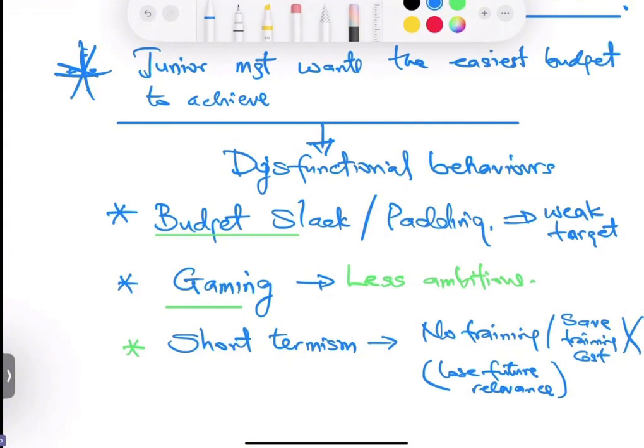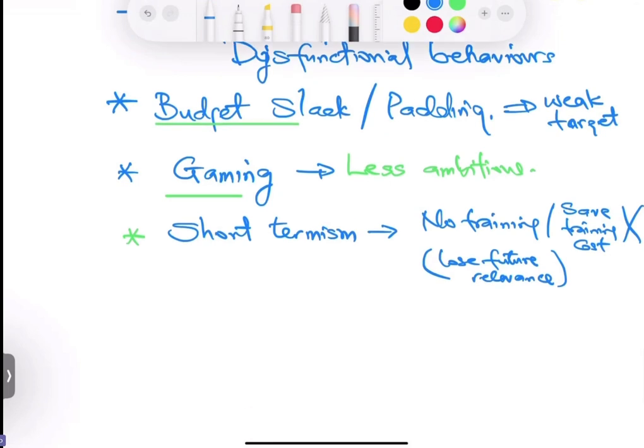So you're probably going to suffer even more, and your existence might be threatened in the future if you don't train people. But in 1 year, you will have saved cost and you say, oh, we've done very well with our cost budget. But they will do it because they want bonus. It can even go as bad that they get into fraud.